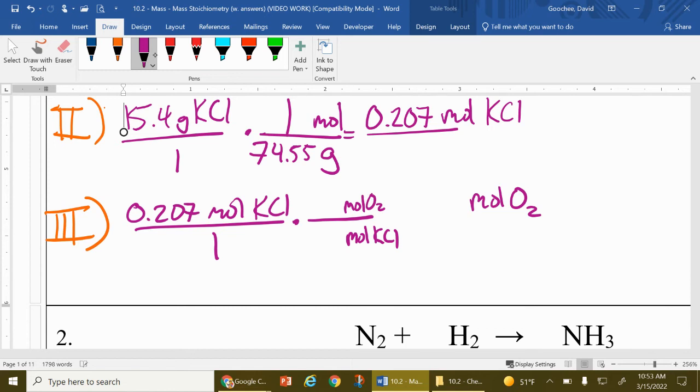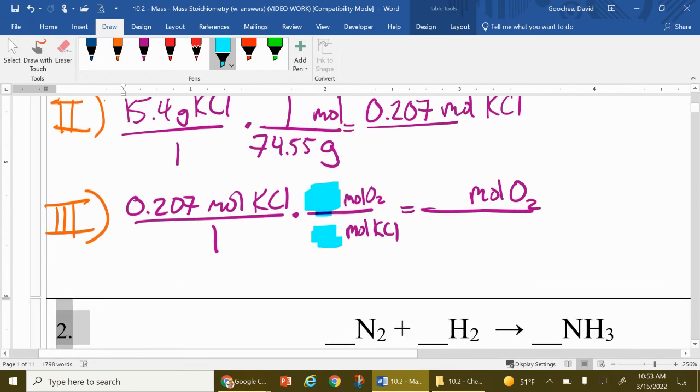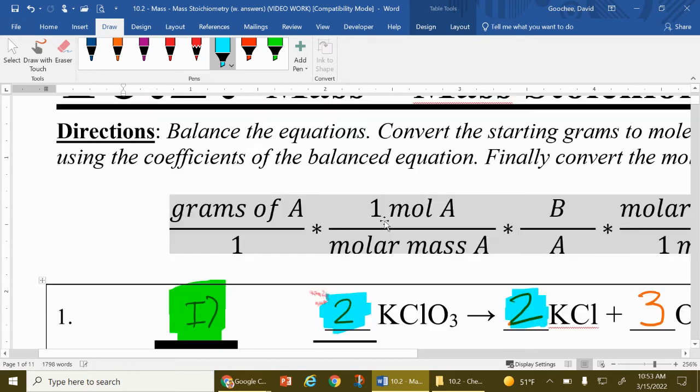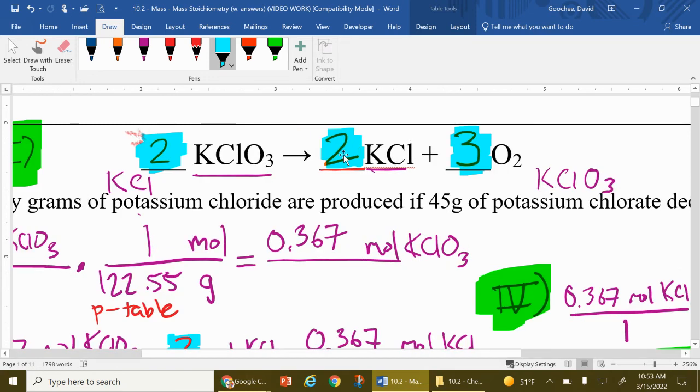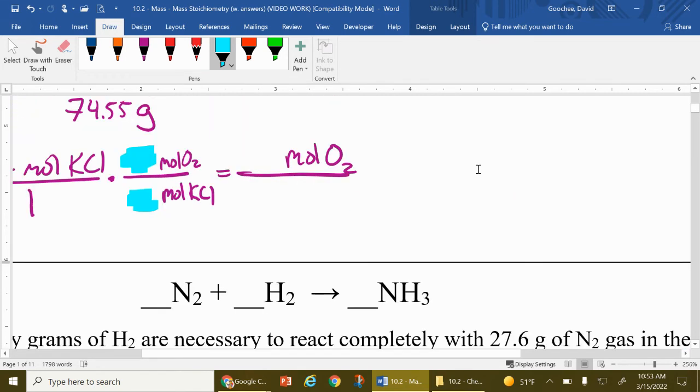Now, when we're going mole to mole conversion, where do these numbers come from? They come from, of course, the balanced chemical equation up above. So in this case, we're going from KCl into O2. We see KCl is 2 and O2 is 3. So for every 2 KCl's produced, we also produce 3 O2s.